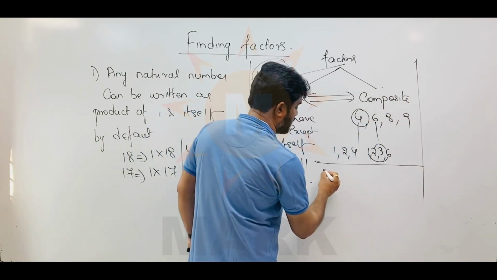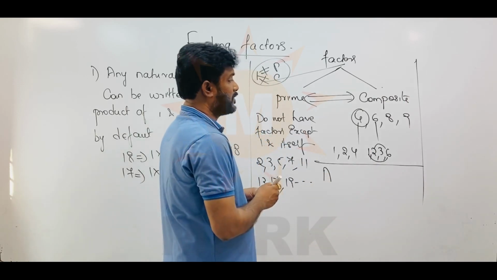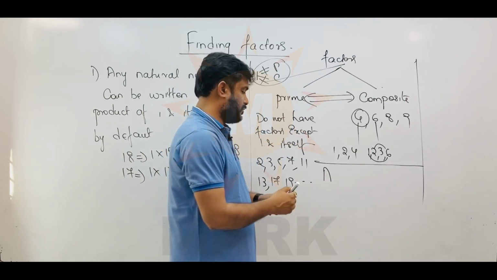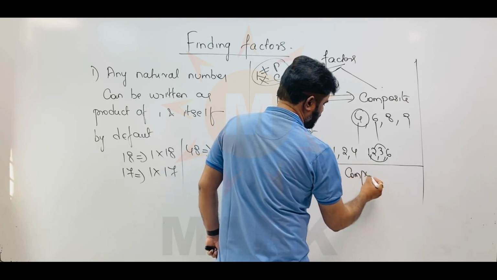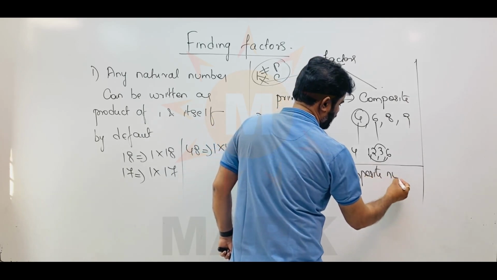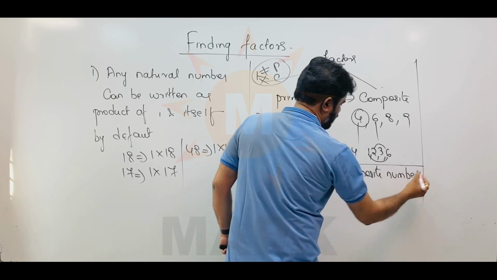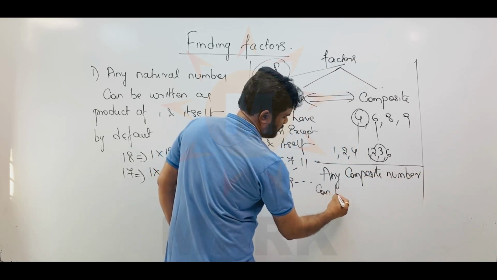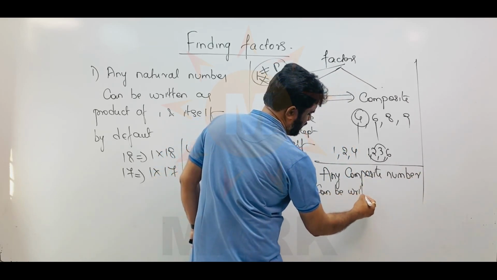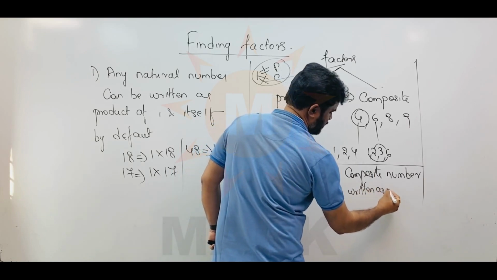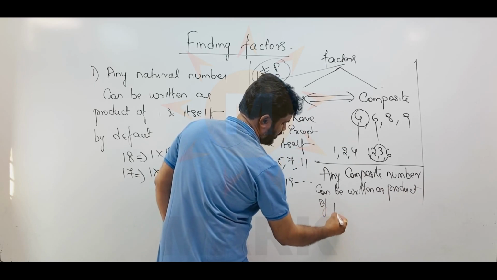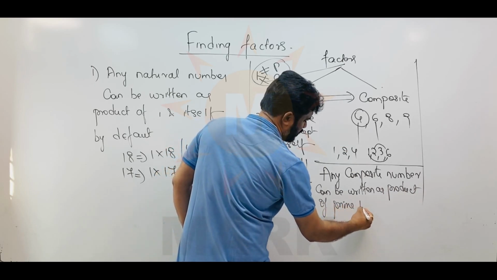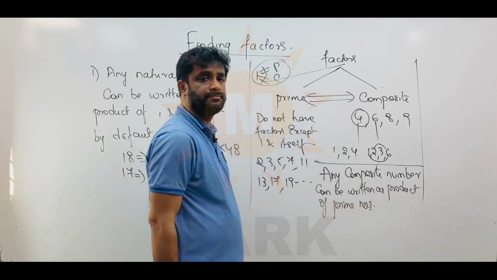Any composite number can be written as a product of prime numbers.